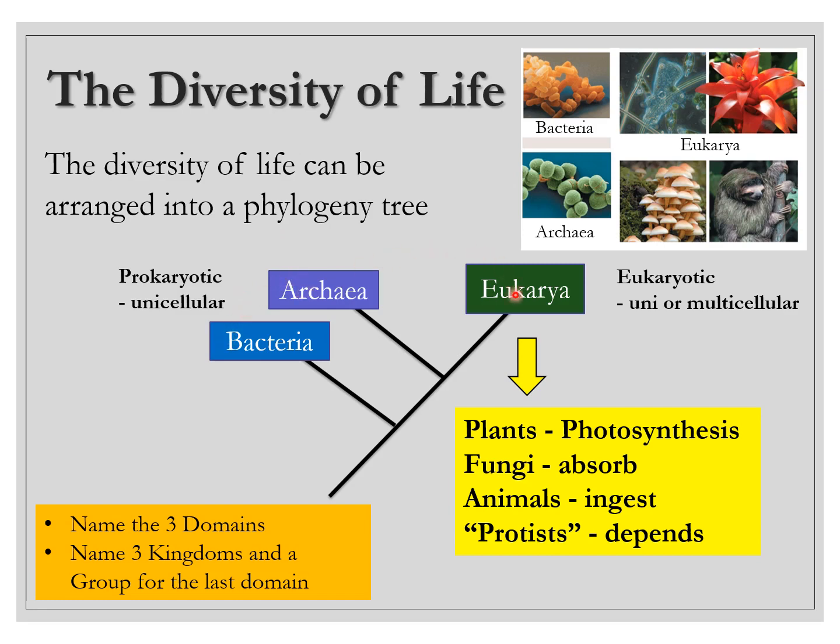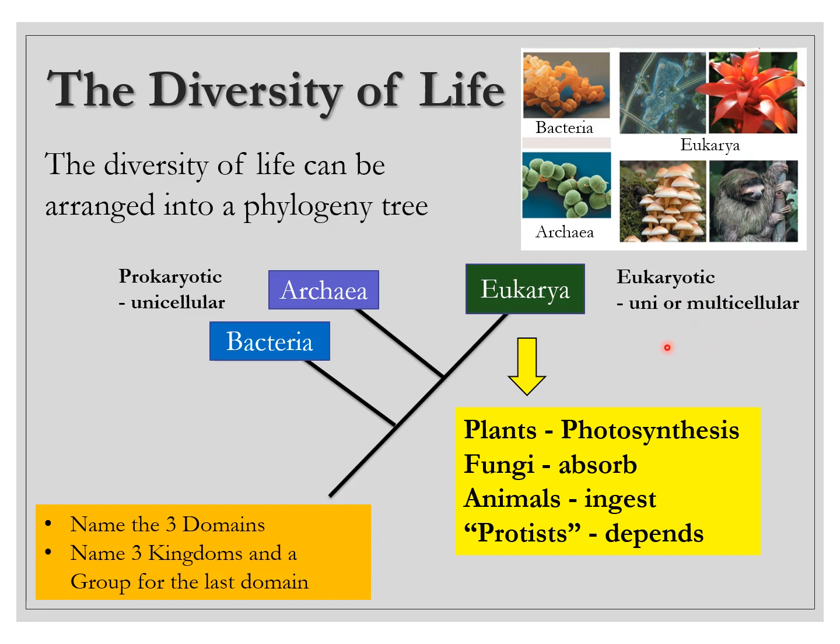And if we look at the cells within those domains, bacteria and archaea are prokaryotic unicellular organisms. We talked about what a prokaryotic organism is. And in eukarya, these are eukaryotic cells, which can be either uni or multicellular.